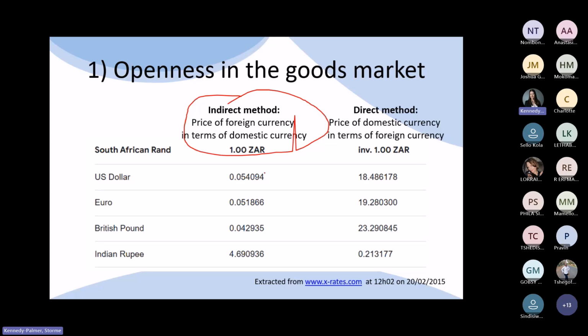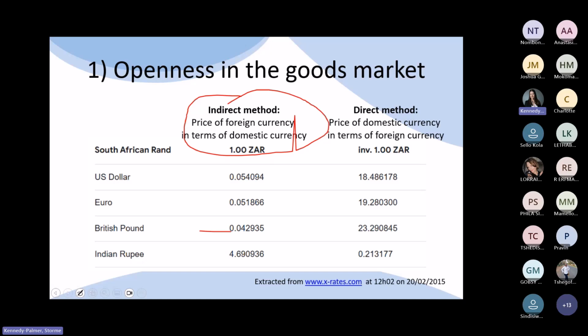In other words, at the time the data was collected, 1 rand was equal to 0.042935 British pounds.